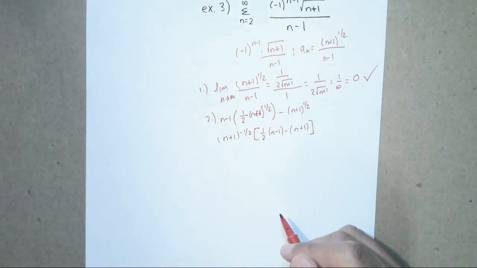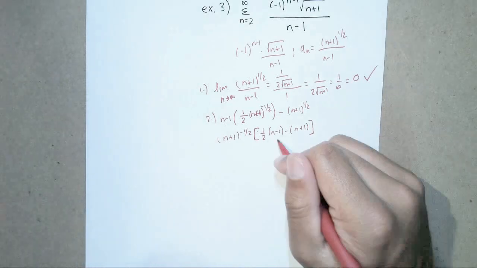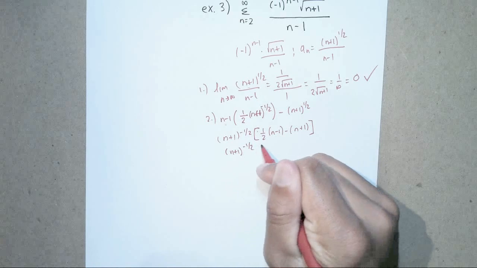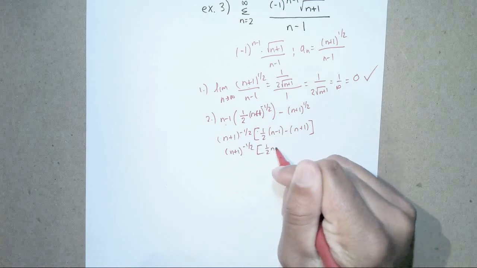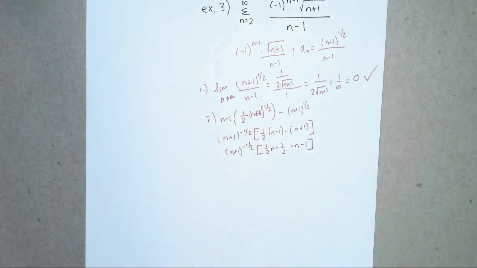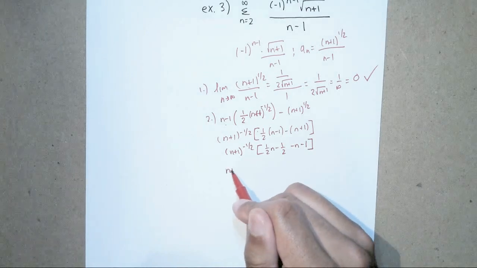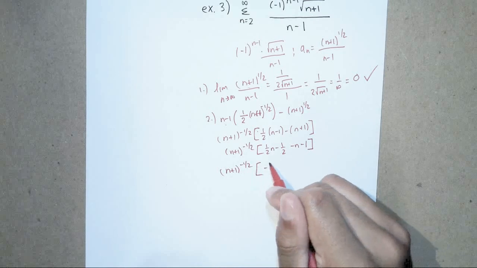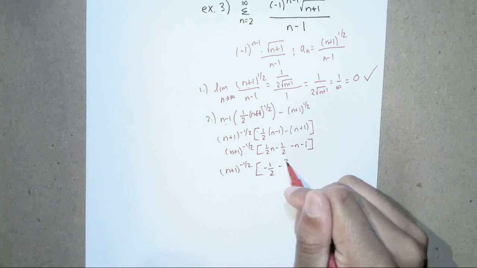Okay. Then I'm going to simplify this. This can get simplified to give me n plus 1 to the negative half, and then combine like terms, and when you combine like terms, this is going to give you n plus 1 to the negative 1/2, minus 3/2.